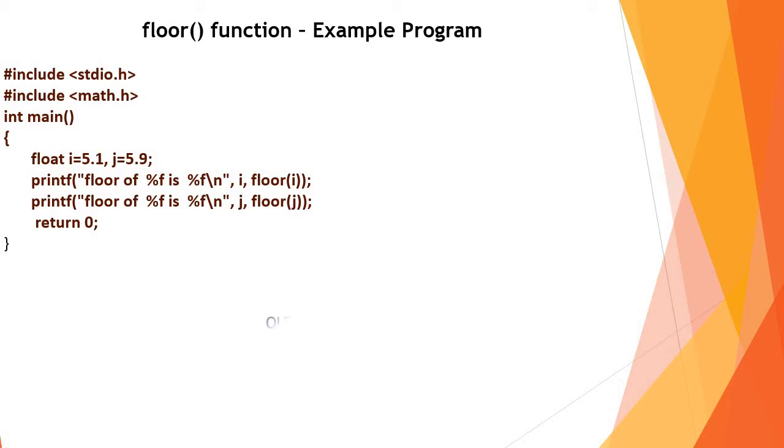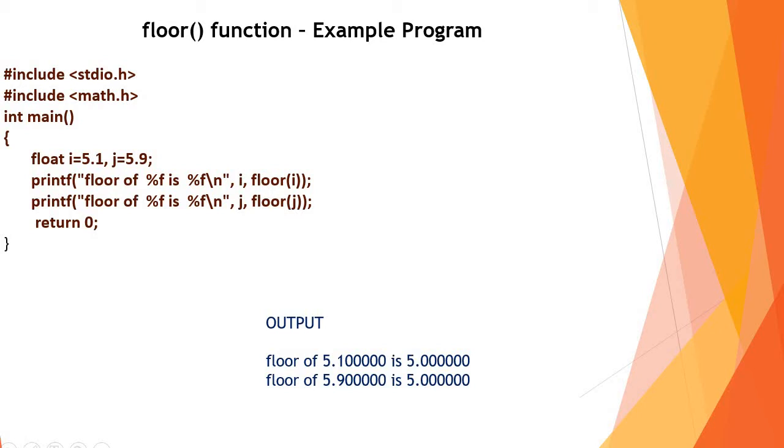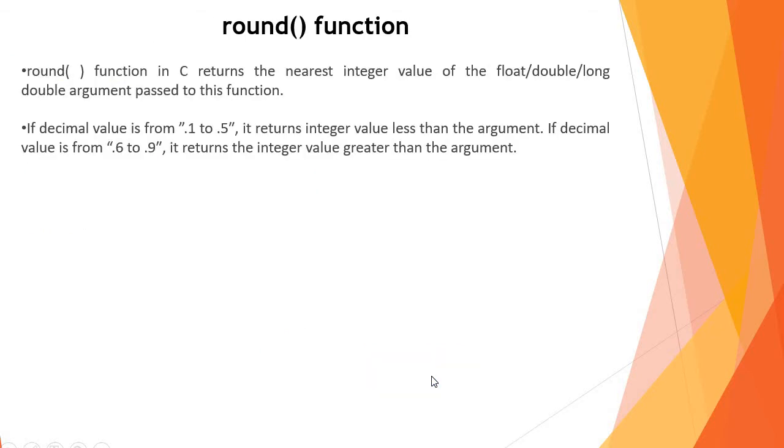The output, as you can see in this slide, is floor of 5.100000 is 5.0. Similarly, floor of 5.9 is again 5.